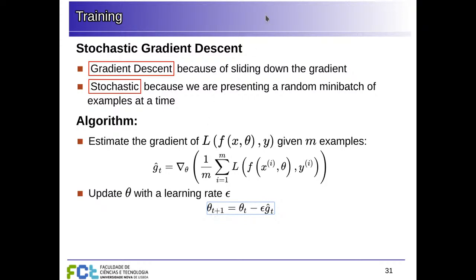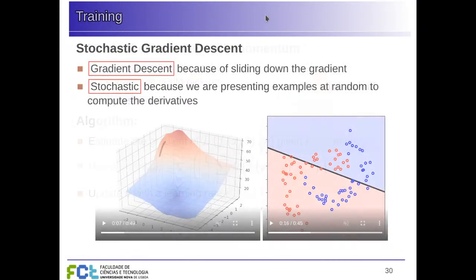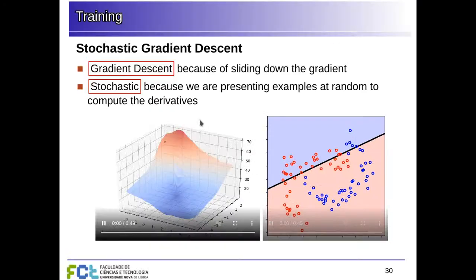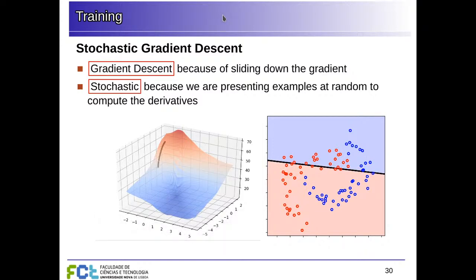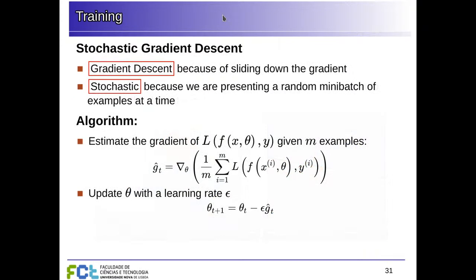This is what we are doing in gradient descent: estimating the gradient for a combination of values, then moving down, changing the values of the parameters, and doing this again and again, sliding down the error function. Okay, so this would be the basic stochastic gradient descent.